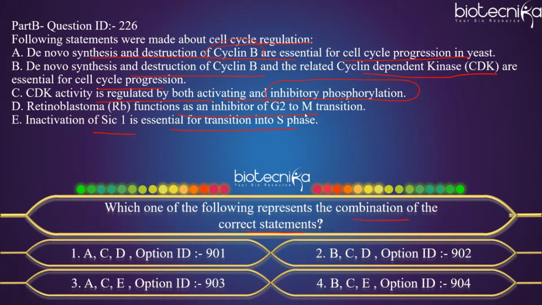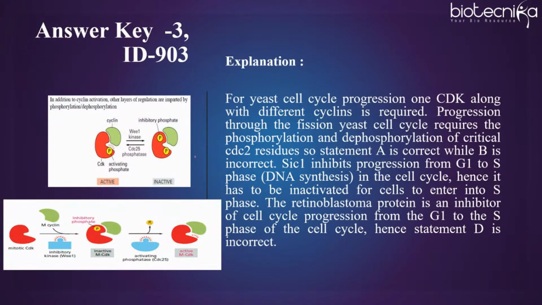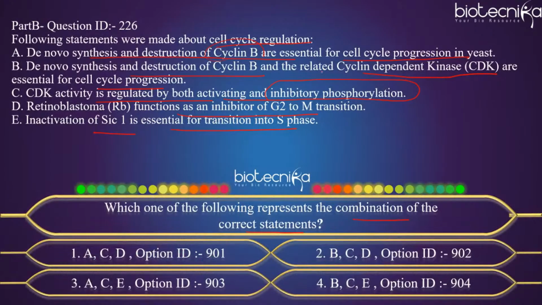For this particular question, some of them you have already seen. I'll just show you one figure. In yeast cell cycle progression, there is one CDK and different cyclins are required. So what we can say is option A is correct.